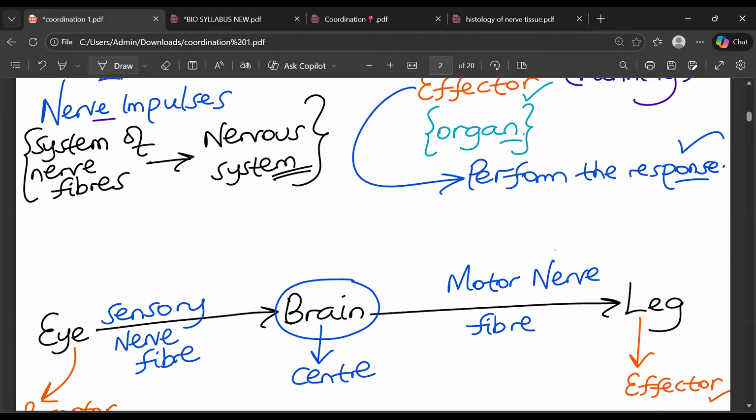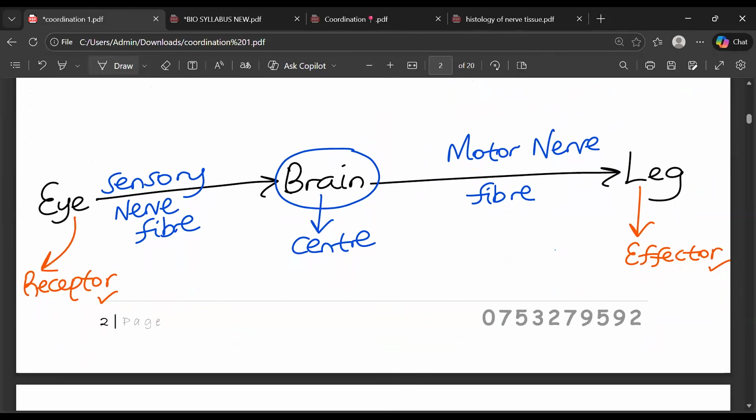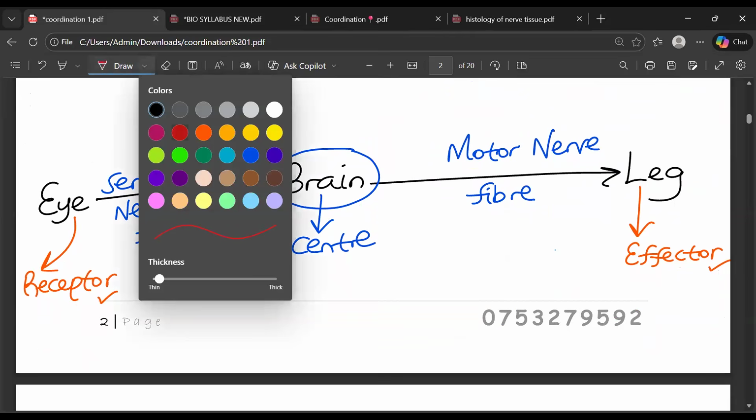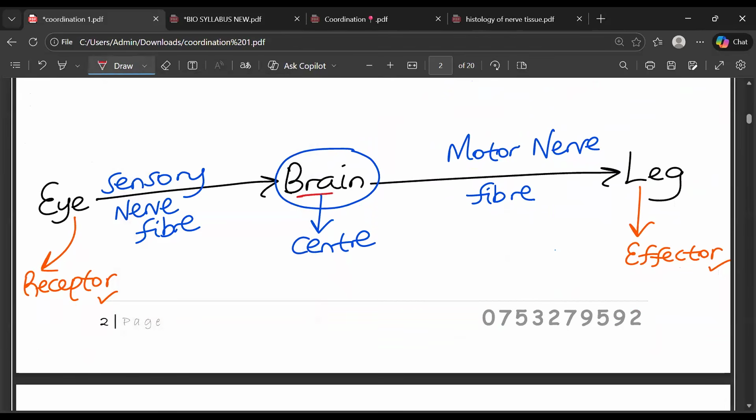Okay. Now, I want you to listen carefully. Now, this brain is in the center. And because of being at the center, it's going to get a name. So this brain is in the center, as you can see, because there are things this side and also the other side.